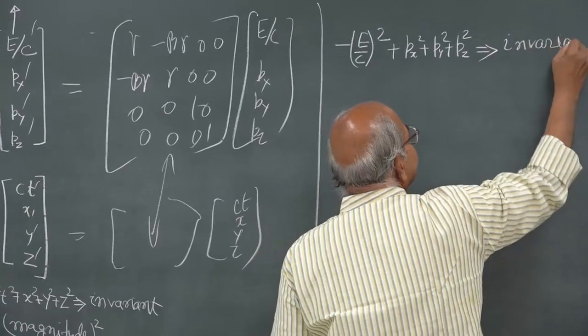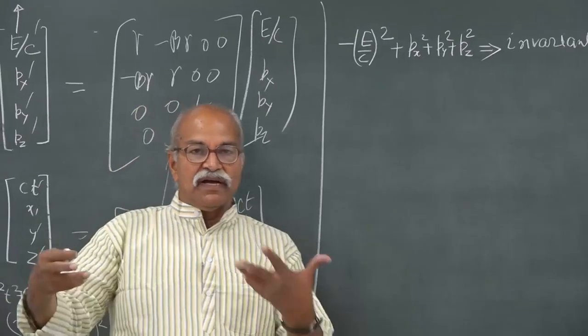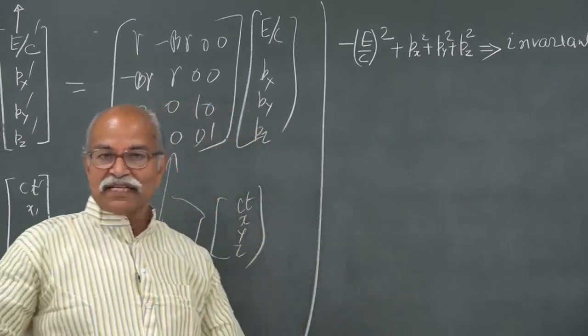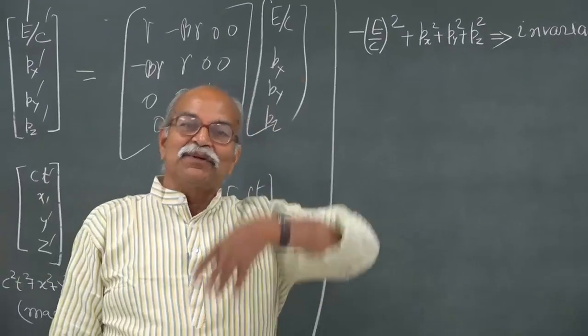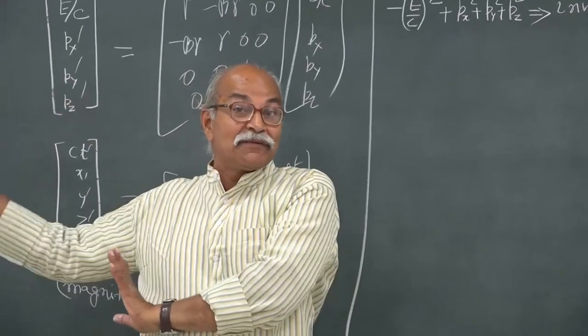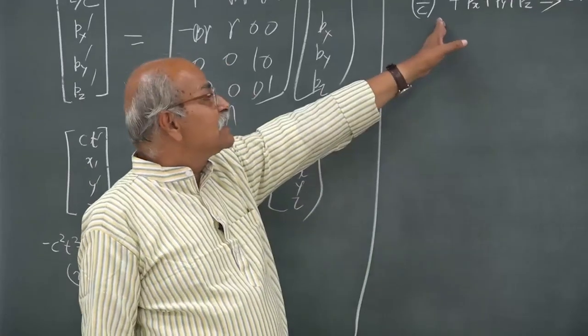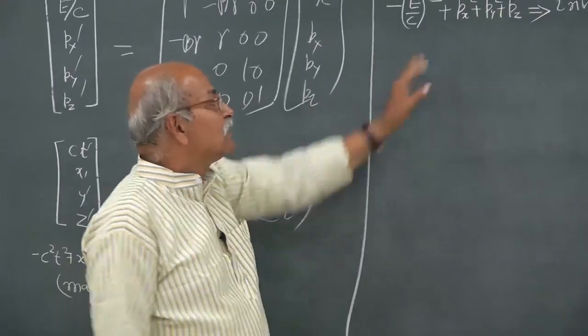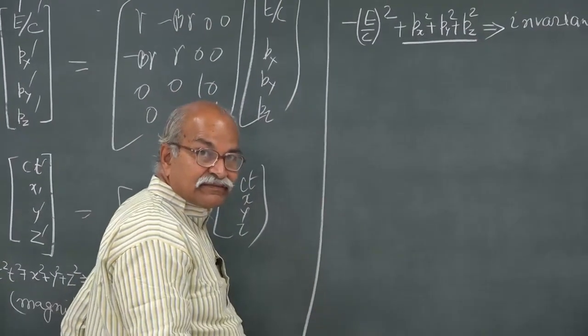So this plus Px square plus Py square plus Pz square is that length square, and this remains invariant. When you do the Lorentz transformation, you get the x, y velocity components, and from there you can write the linear momentum and total energy and all those things. But without doing all that algebra, I can state that this quantity is going to remain constant, and this is the magnitude of linear momentum square.